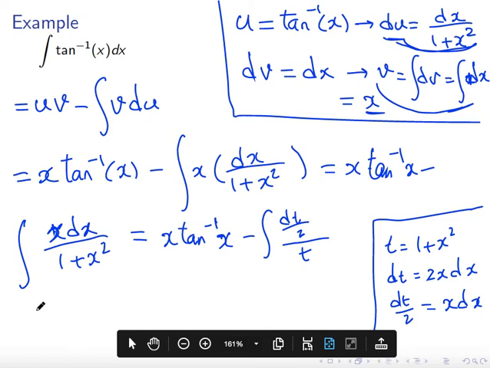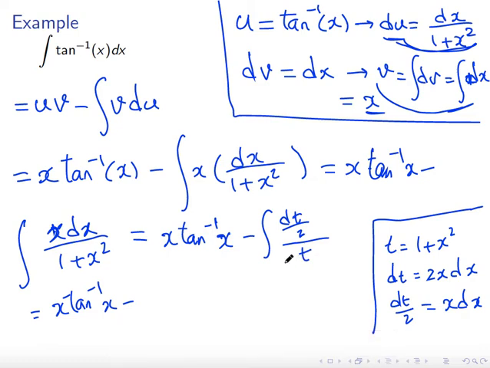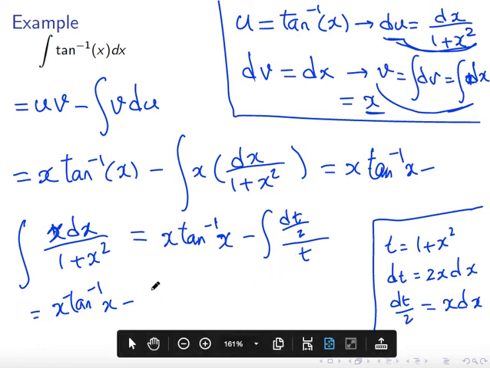So now this equals x tangent inverse of x minus, and you can bring 1/2 outside of the integral and you will have dt over t, which you know its integral by the formula: the integral of dt over t is ln of the absolute value of t. So minus 1/2 ln of the absolute value of t plus c. Don't forget to rewrite everything in terms of x.